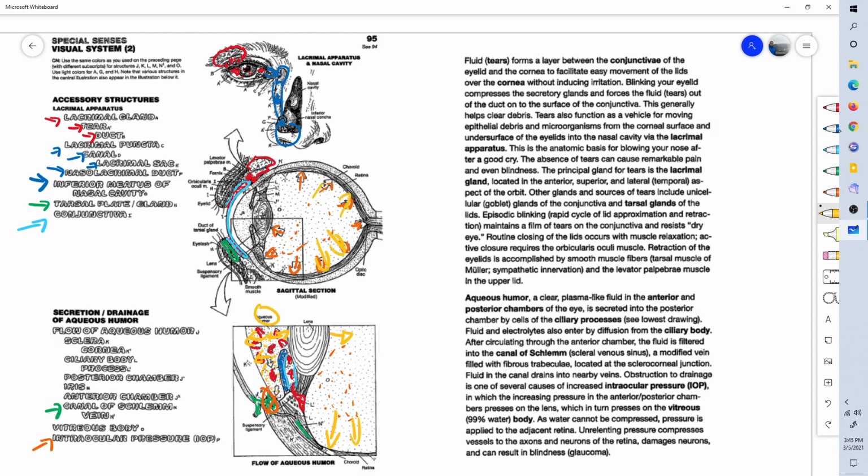And this is called glaucoma. Or more accurately, high pressure in the eyes can cause glaucoma.